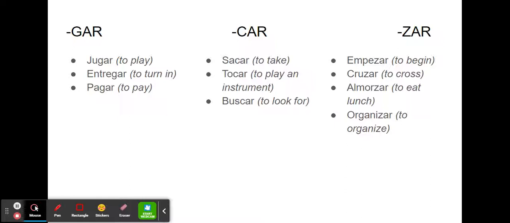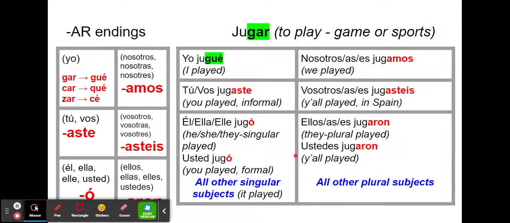It's not the English Z sound in empezar, cruzar, almorzar, organizar. It actually sounds a lot more like an S in English than a Z. It's spelled with a Z, but that hard Z sound that we have in English does not exist. So empezar, cruzar, almorzar, organizar. Those are some examples.